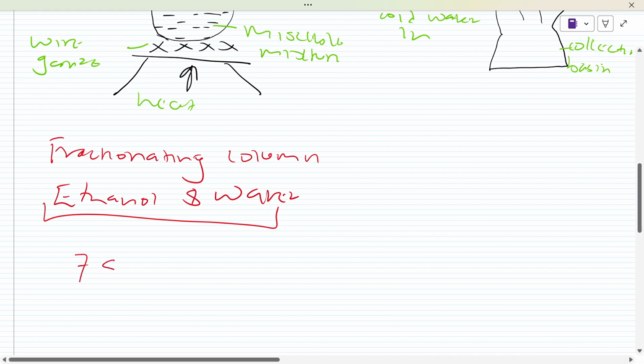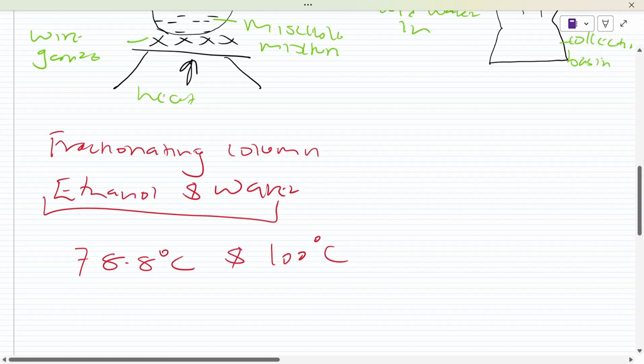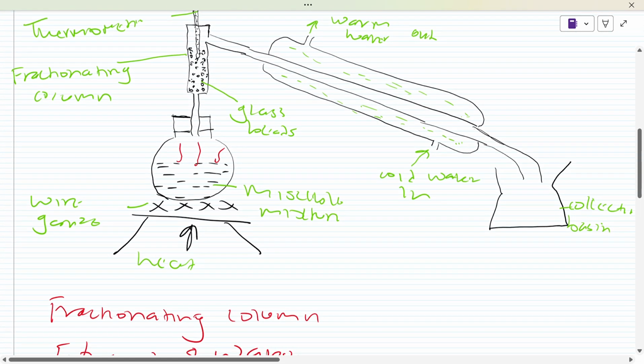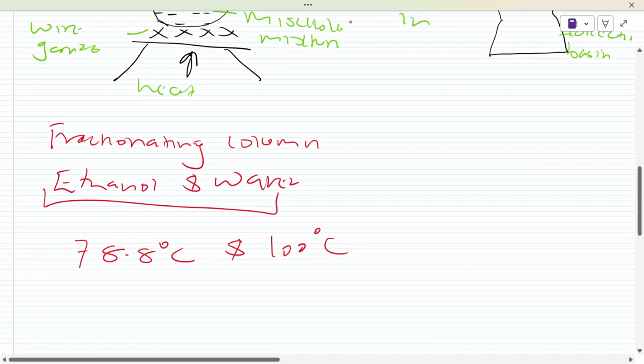Ethanol boils at 78.8 degrees Celsius when pure, but water boils at 100 degrees when pure. So when I subject these two to this system, I want to use these two examples to bring out the function of the fractionating column.